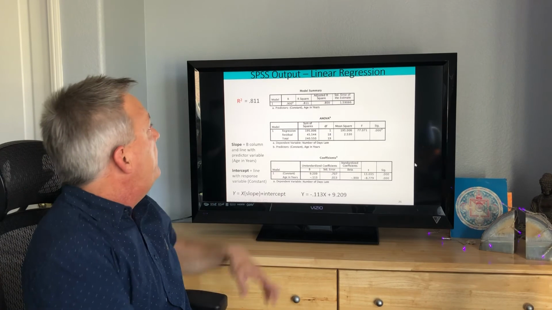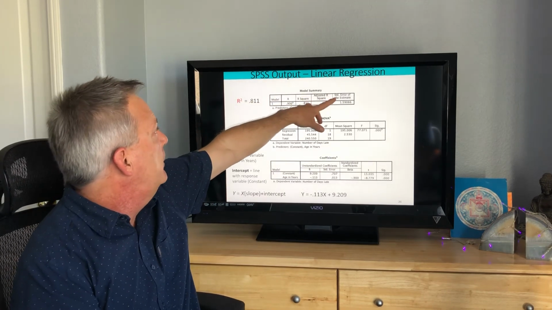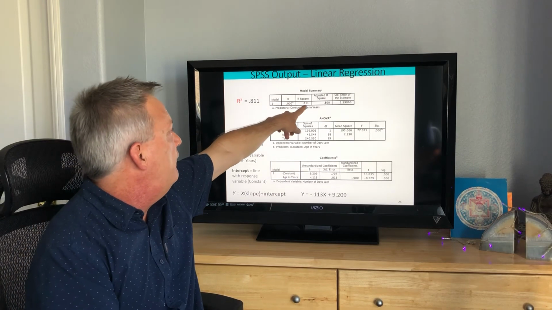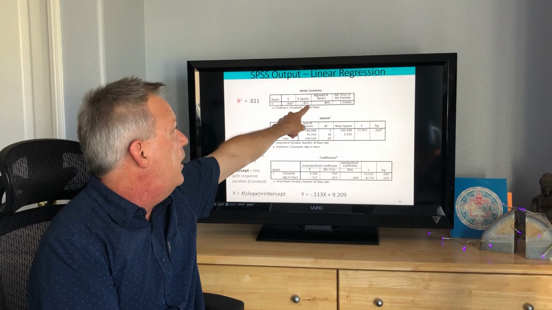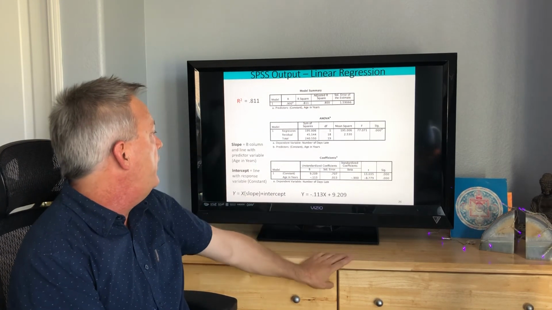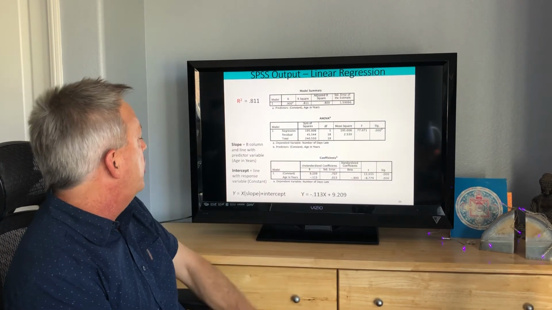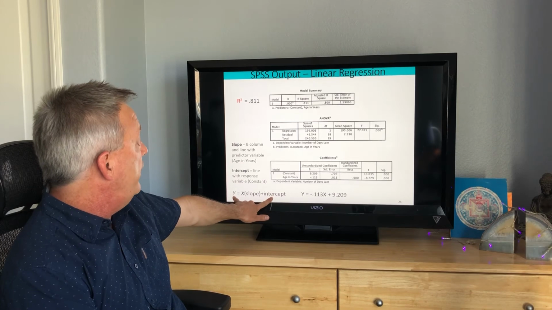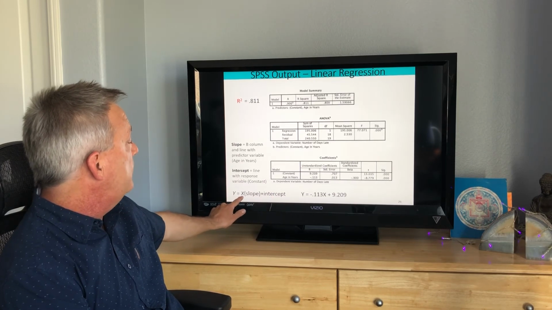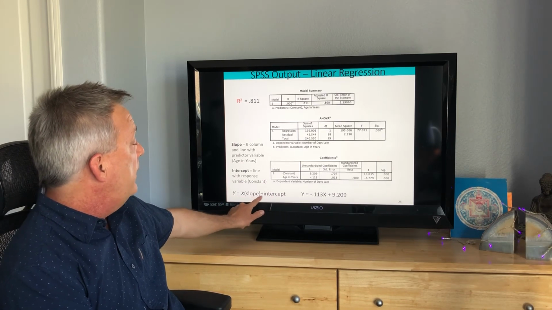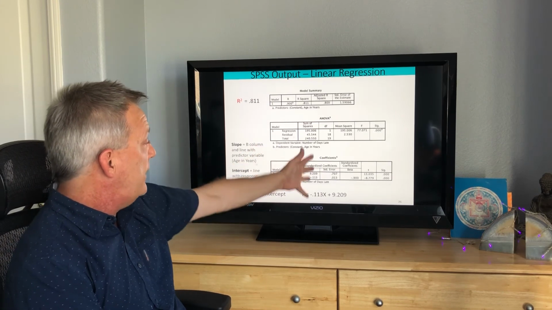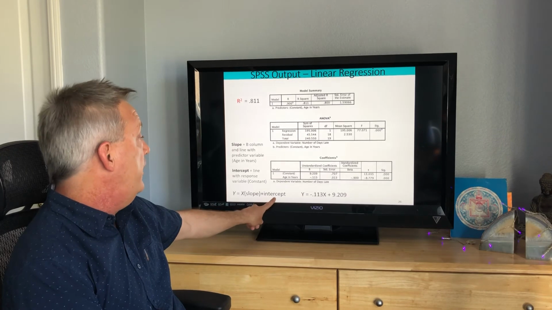And then reading the SPSS output for linear regression, right here you can see that the fit statistic is 0.811 in this output. And then in terms of figuring out the values for your linear regression, you have y equals x times the slope plus the intercept. What we have to do is find the slope in this output right here and find the intercept.